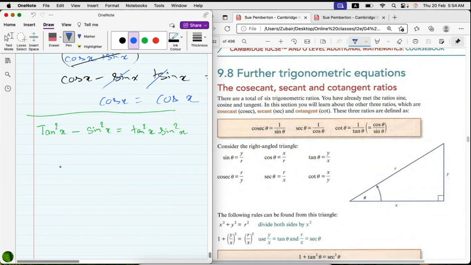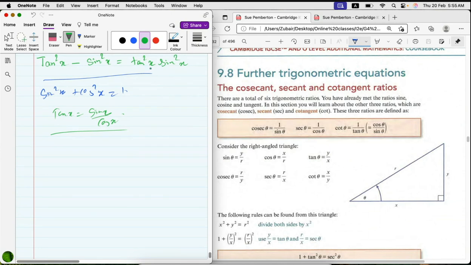We already used 2, which was sine squared x plus cos squared x is equal to 1, and the second was tan x is equal to sin x over cos x. Now there are more. Those are inverses of these.